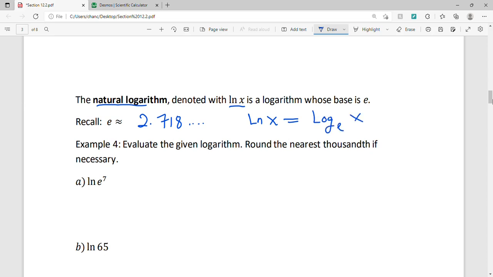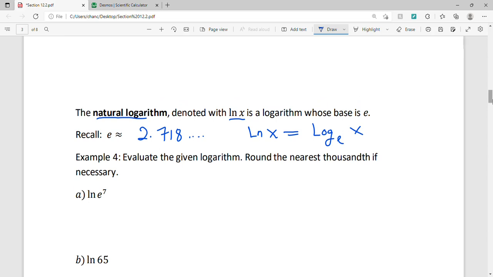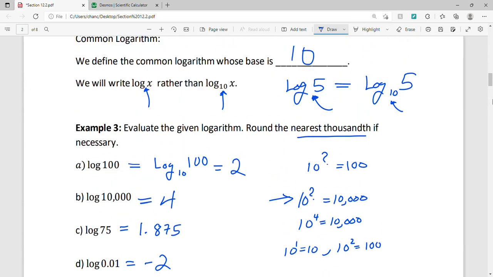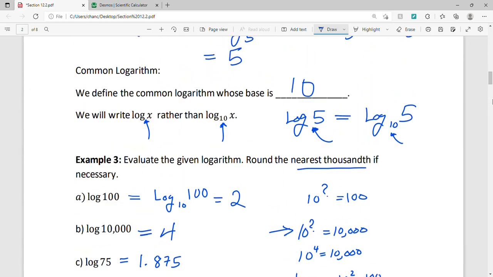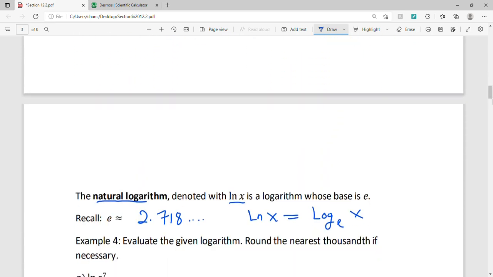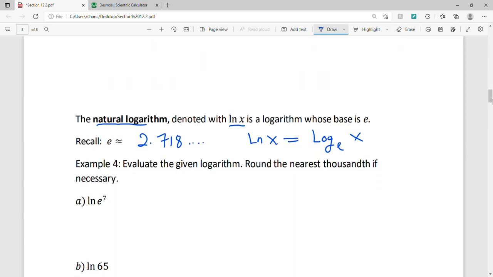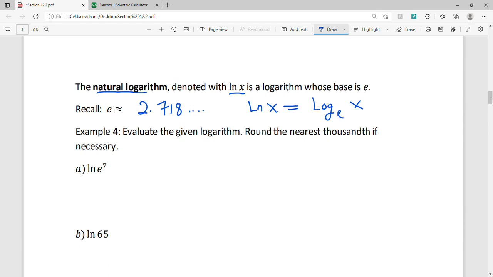Again, if it's written as ln x, assume that the base is e. If it's written log of x, like the previous examples, the base is assumed to be 10. So that's the difference. If it's log x, the base is 10. If it's ln x, or the natural log of x, the base is assumed to be e.